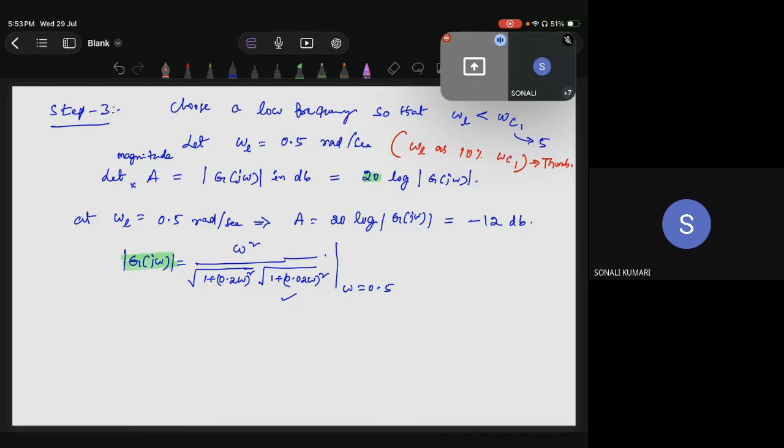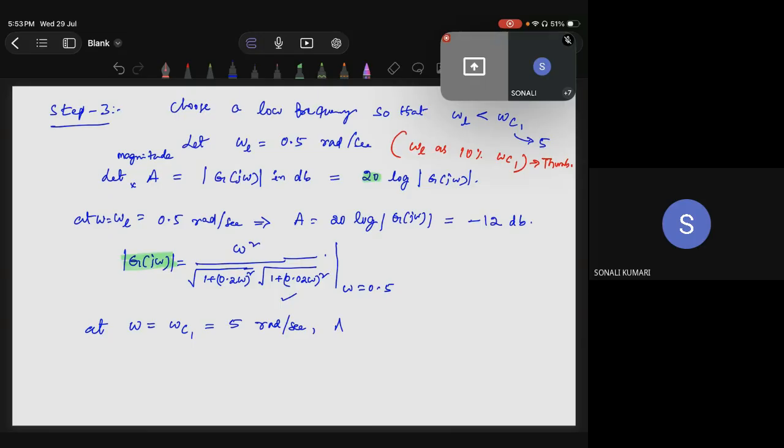Next, what you do is, consider omega C1. Here omega is equal to omega L. Here consider omega is equal to omega C1. What does it mean? You take omega C1 as 5 radians per second.